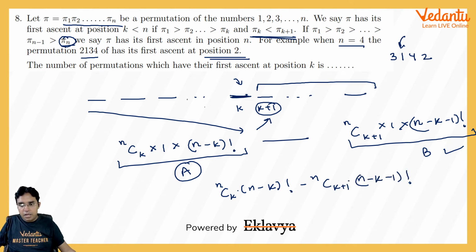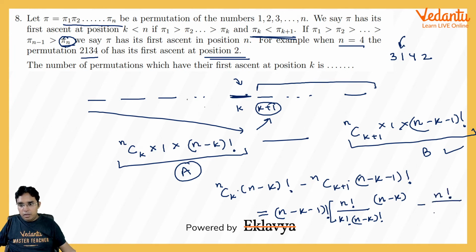I think I can leave this question here only, although you can take n minus k minus 1 factorial common also, and let me see if some simplification is possible or not. If I take this factorial common, n factorial upon k factorial, n minus k factorial, here I will be left with n minus k, and minus this will be n factorial upon k plus 1 factorial, and this will be n minus k minus 1 factorial here.